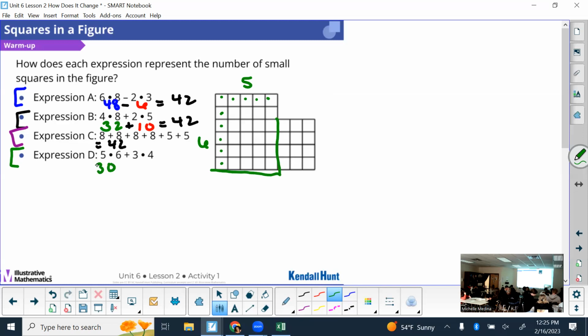And then the area of this one would be 12, because it's the 3 squares by the 4 squares, the 3 times 4. Add them together, we get our total area. So questions about that? All right, so that's kind of like what we were doing yesterday, except now you can see the square units. That's why we call area unit squared.